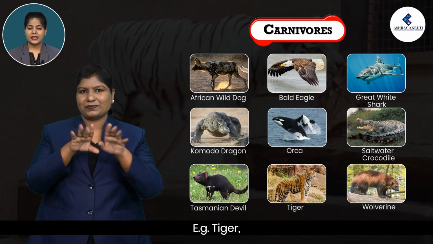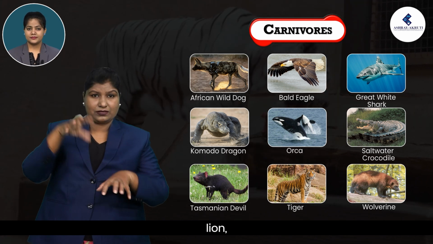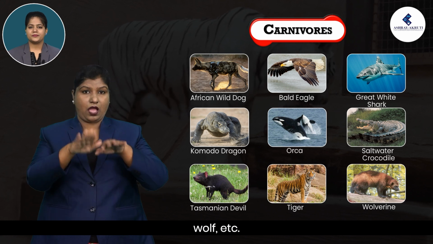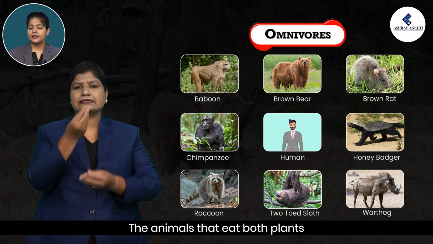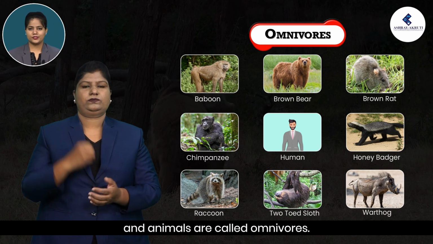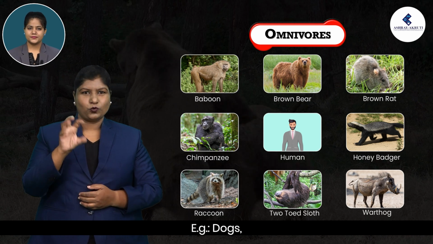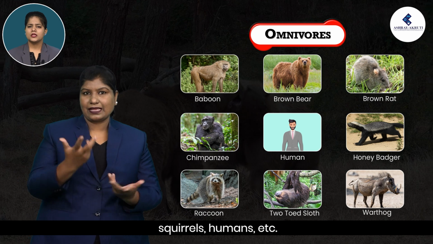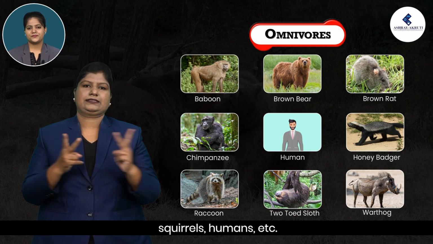Example, tiger, lion, cat, wolf, etc. The animals that eat both plants and animals are called omnivores. Example, dogs, bears, rats, squirrels, humans, etc.